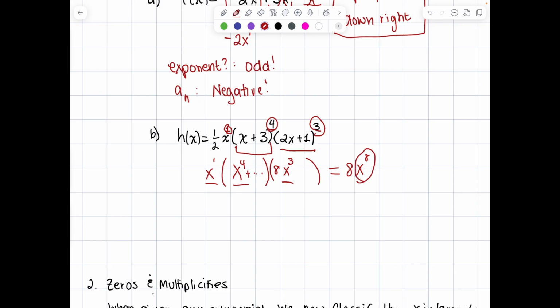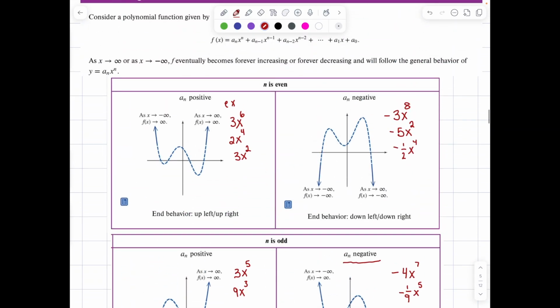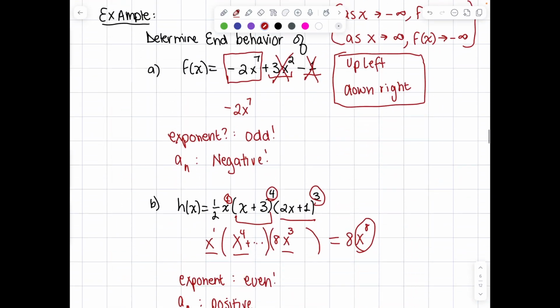So it's x to the 8th, and we look to see, is it negative? No, and none of the other ones had negatives. So exponent even, a sub n positive. So we look back at our chart, and we have up, left, up, right.